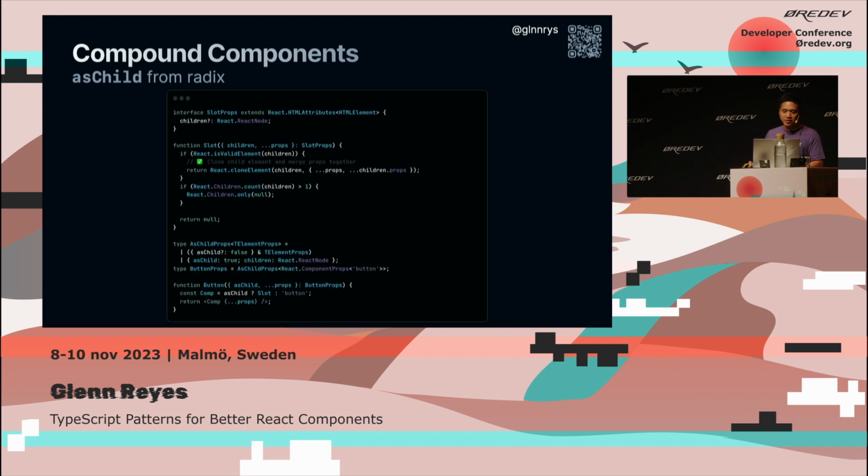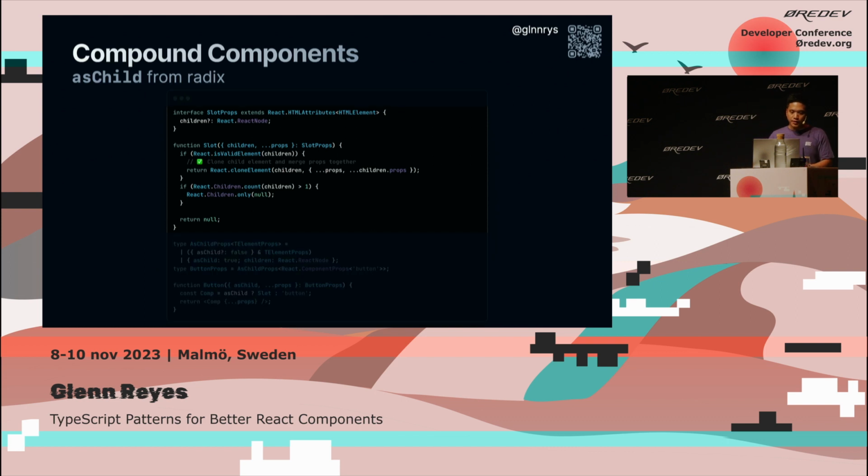So here's basically a simple mock implementation of this. The Slot component basically renders the child and merges the props together. What's worth noting here is that within this if condition, you see it returning a React cloneElement, which basically copies the child and merges the children's props with the parent props together.